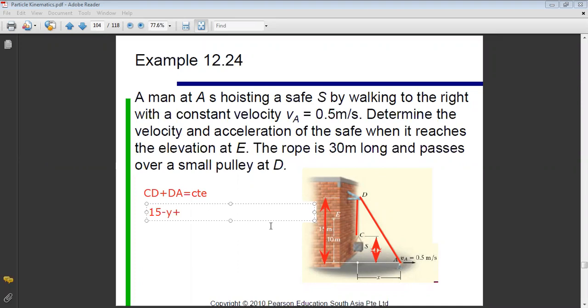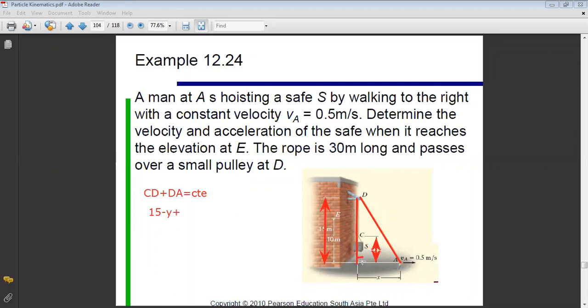plus, for part dA, how to compute dA? I will use the Pythagorean theorem, because here I have a right angle. So here this is perpendicular, this is a right angle, so I have a right triangle.